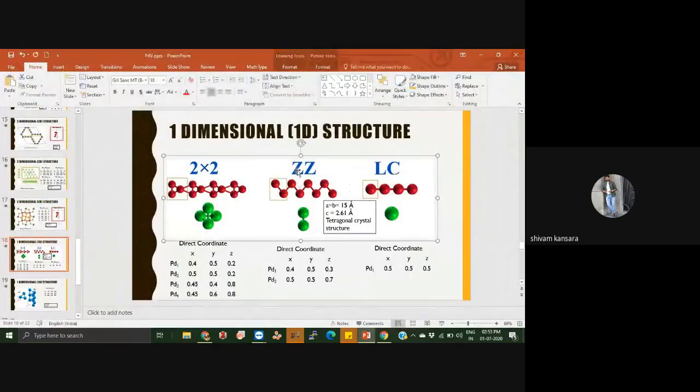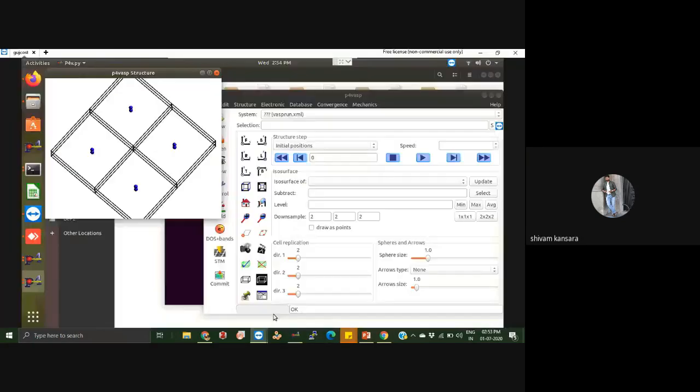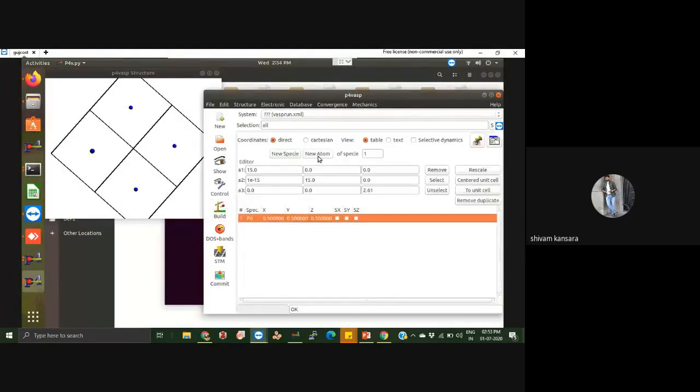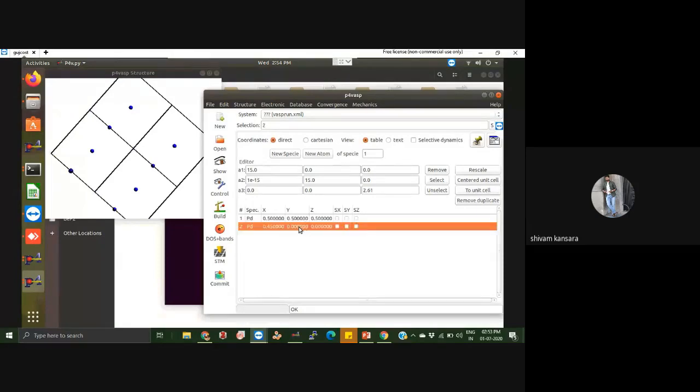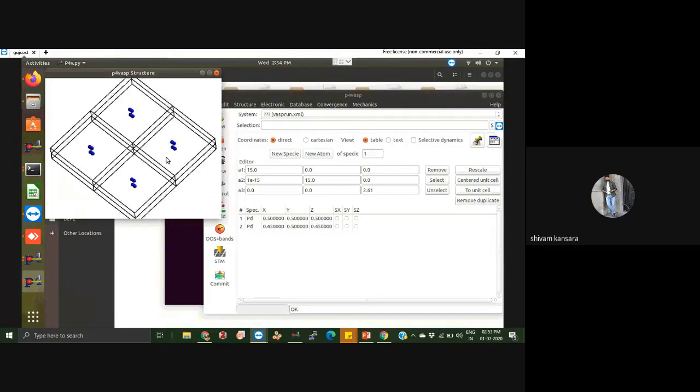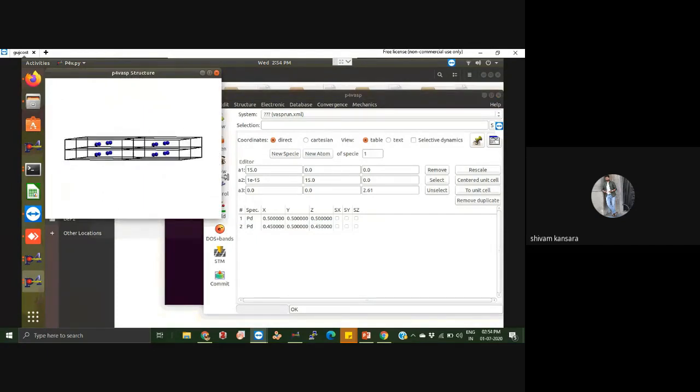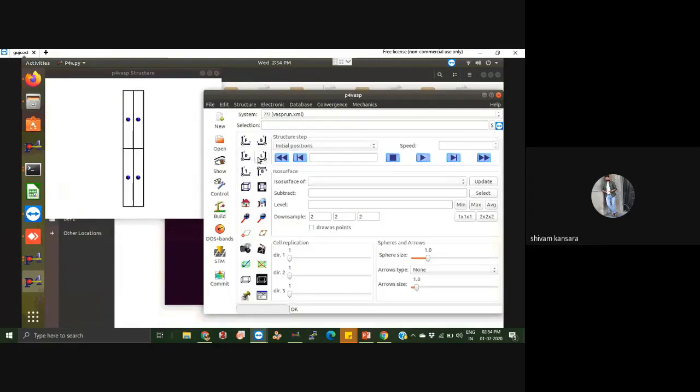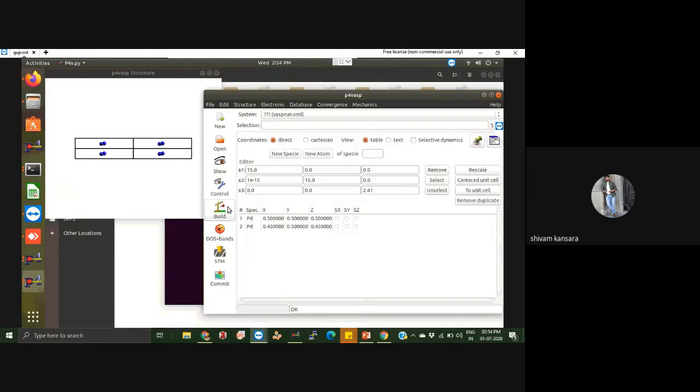Now the turn about the zigzag. Here we have taken only one atom. Let's suppose we have two atoms, and we fix one at 0.45, this one at 0.5, and this one 0.45 again. You can see in the side view, zigzag means there are some angles here.